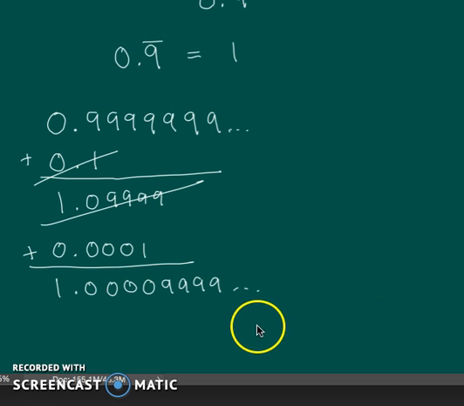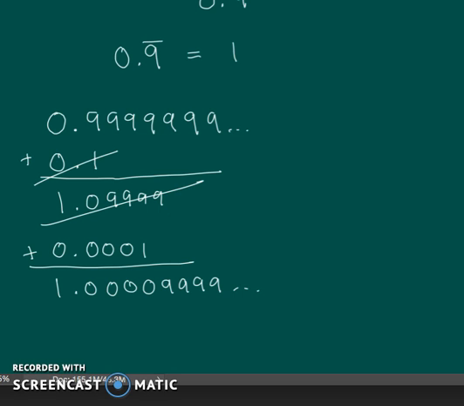The question is, how far back in the decimals do I have to go and add a 1 so that I don't have any 9s left over at the end when I finally get my 1.000 something? And the answer is I can't. No matter how far back I go to try and add a 1, the 9s are going on infinitely.